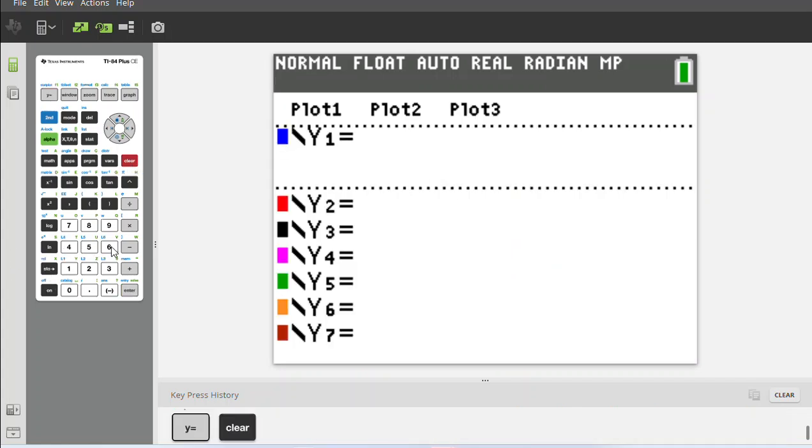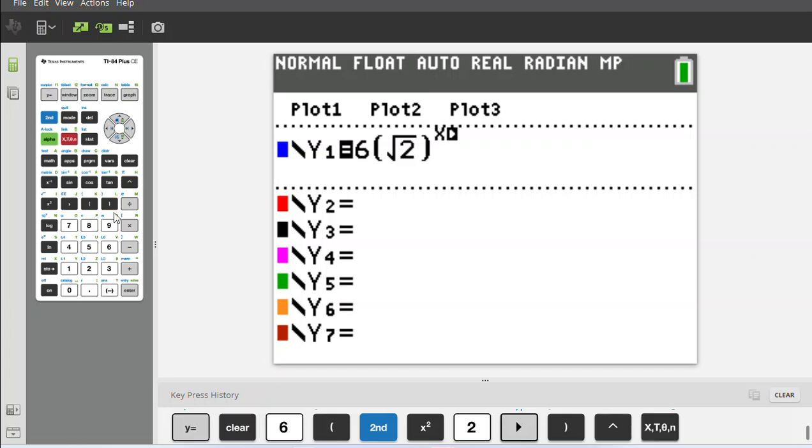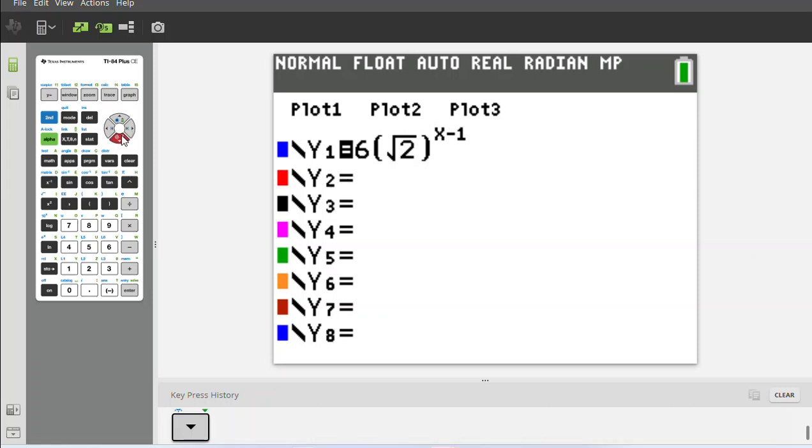And I'm going to put in 6 square root of 2 raised to the x minus 1. And then in your y2, we're going to put in 1,400.